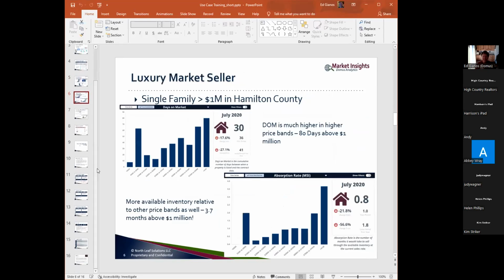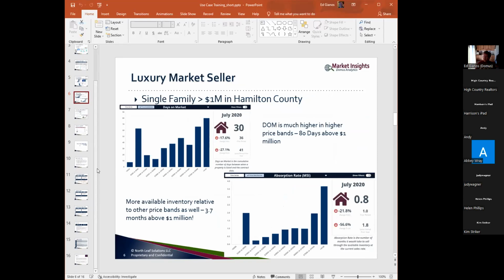On the other end of the spectrum, your luxury sellers are going to have an incredibly different experience. Their sales rate is going to be much slower. Their absorption rate is going to be much higher. And when you go to a pitch presentation and you're saying, hey, you're at the top of the market, you've got a beautiful home, the impact that's going to have in our relationship, as supported by the statistics, is it's going to take us longer to find a qualified buyer.